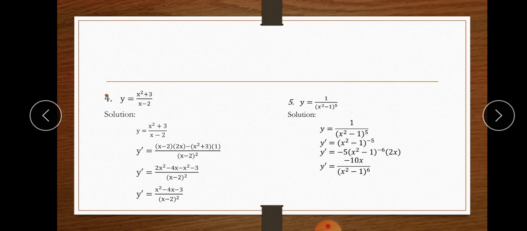And the solution, using the negative integer power rule: x squared minus 1 raised to negative 5, equals negative 5 times x squared minus 1 raised to negative 6 times 2x, which is equal to negative 10x over x squared minus 1 raised to 6. And this is the derivative of example number 5.